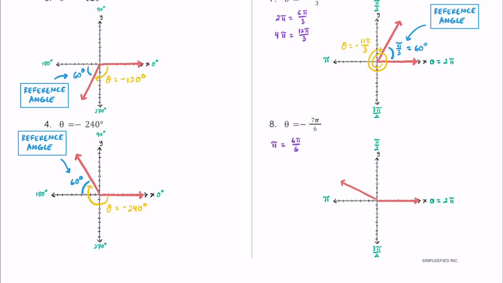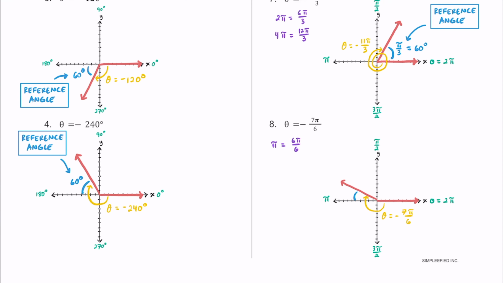So it's going to be this angle measure moving from here all the way around to here, okay? And so that theta is going to be negative 7 pi over 6. That's also known as negative 210 degrees. And so our reference angle is going to be relative to this x-axis or horizontal axis, and that's going to be this angle measure right in between.